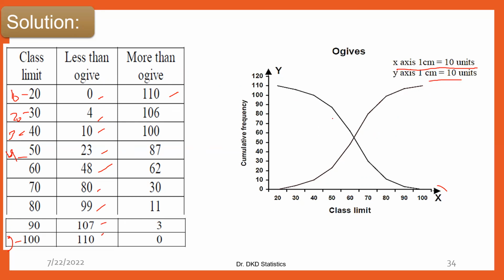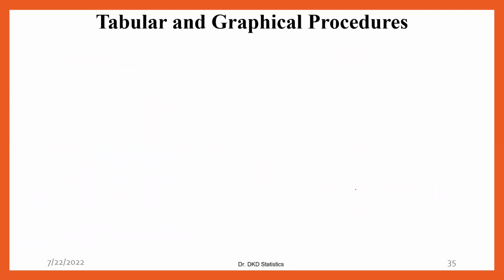We can use this on graph paper and create this ogive curve. The main important value of the ogive curve is this crossing point, where the two curves cut each other. This is known as the median value. So these are the basic points on graphical presentation we need to understand.